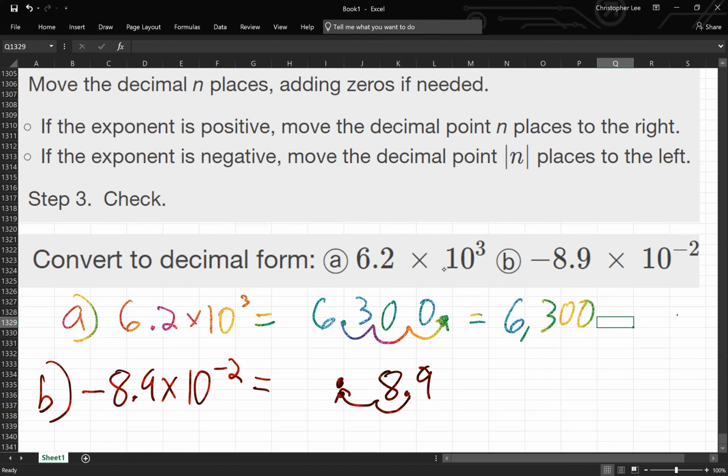So now the decimal point is here, and I'm going to put that negative. So my final answer for this is negative 0.089. I need to have that first digit right in front of the decimal. I have to have that 0 right there. That's a must. So final answer, negative 0.089. Questions on that? We good? All right, let's keep it moving.